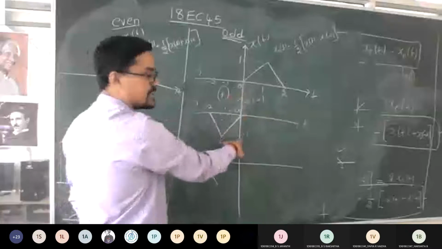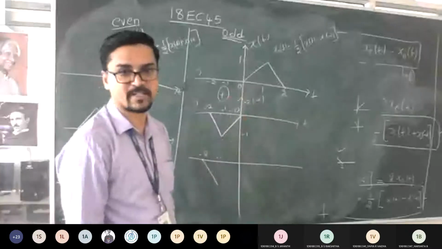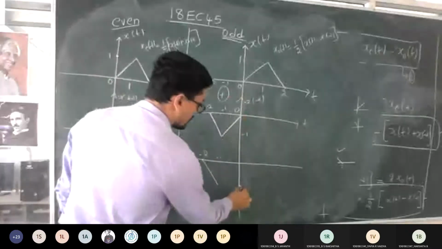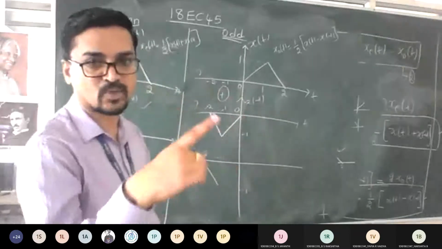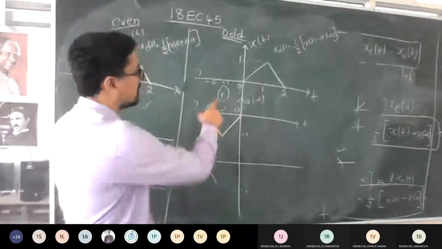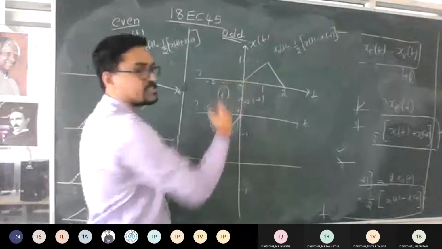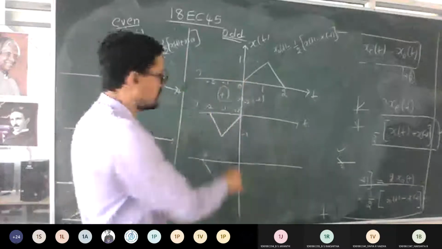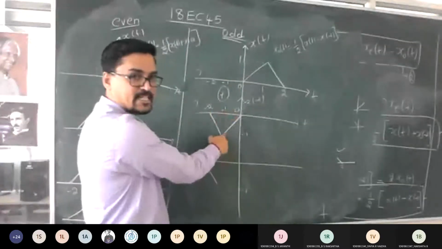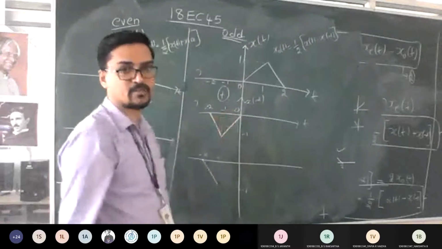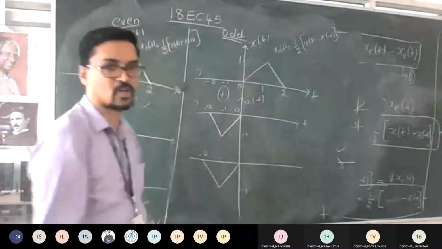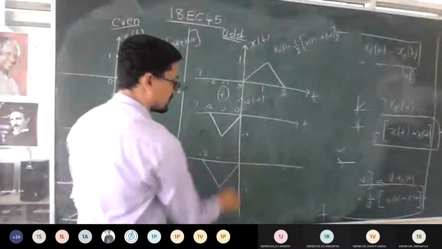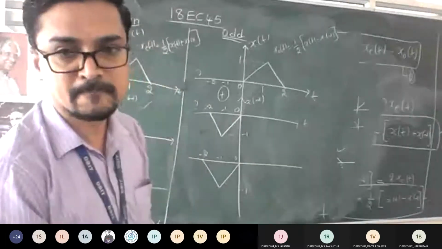Here it is 0, here it is minus 1, meaning 0 minus 1 becomes minus 1. So I should write minus 1 here. Minus 2 to minus 1, any doubts? Next, minus 1 to 0, there is no signal and amplitude is also 0. Minus 1 to 0, signal is there, it is rising with amplitude minus 1. So this is how it looks. Any doubts, anyone till here?